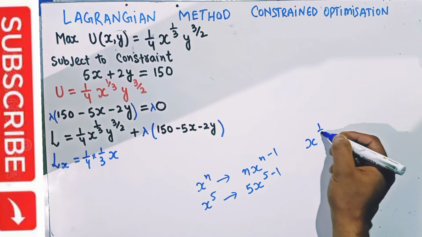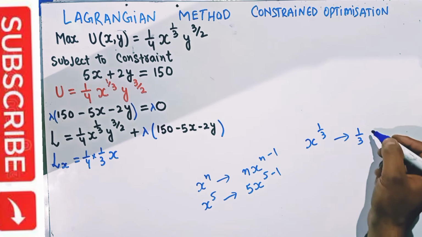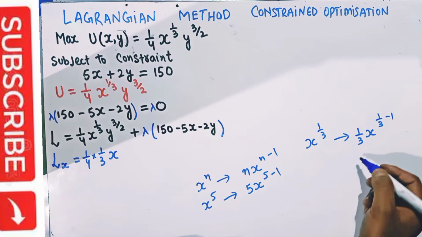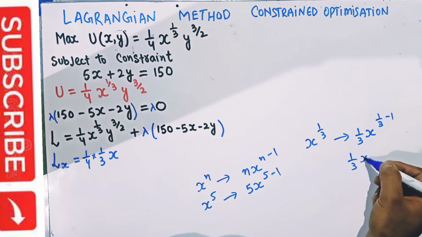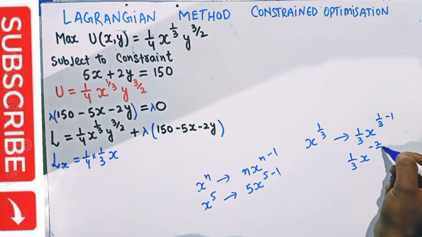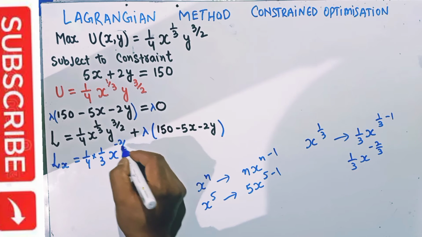We have x raised to power 1 upon 3. Its derivative is 1 upon 3 multiplied with x, and 1 is subtracted from 1 upon 3. So it will become 1 upon 3 x raised to power 1 minus 3, which is minus 2 upon 3.